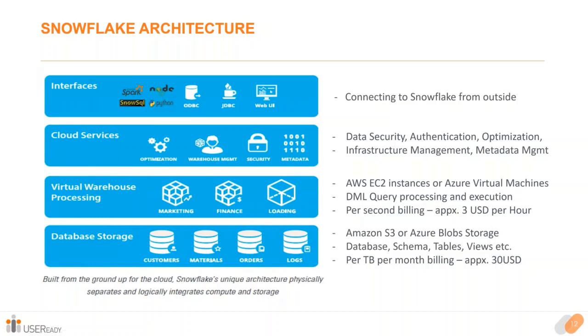Most databases or data warehouses are shared nothing, where you have your query processing and database sitting next to each other, and only the specific processing or CPU will be able to get the data out of that particular storage tier. But in Snowflake, both are separated. That means I can have a number of warehouses or query processing tiers connecting to any data within my Snowflake account. So that's quite feasible.